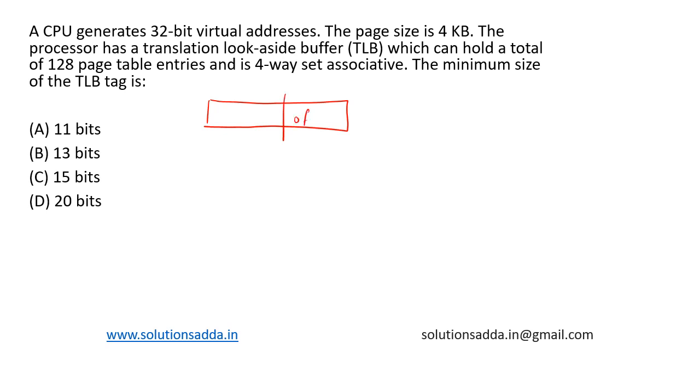That is the offset and the page frame number. So the page size is 4 kilobytes, which is equal to 2 to the power 12 bytes. So from this 32 bits, we are assigning 12 bits to this. So now we are having 20 bits of address to refer the page frame number.